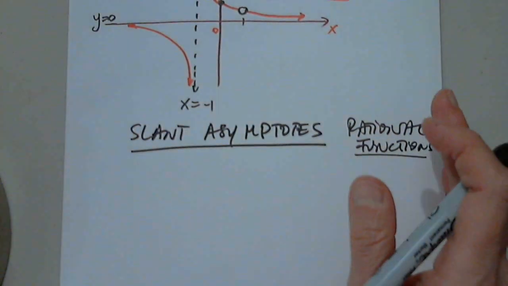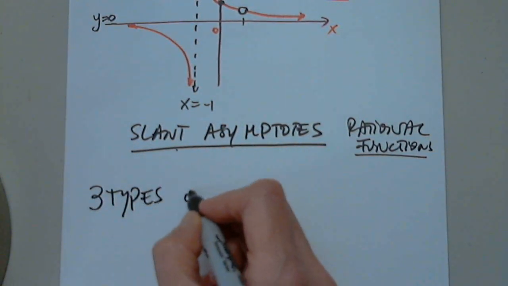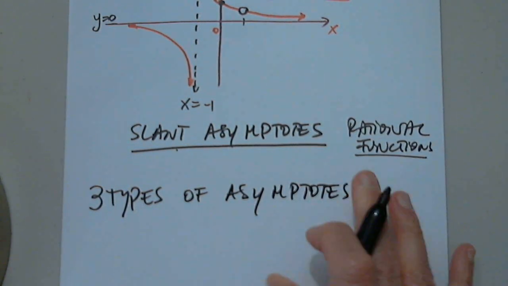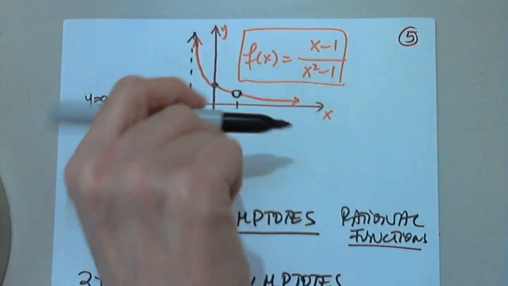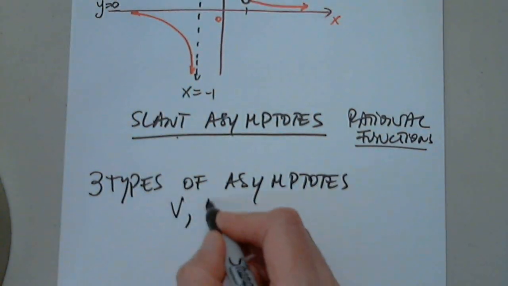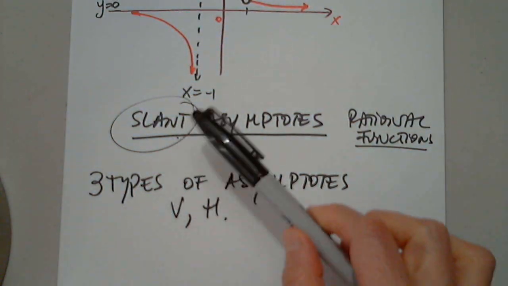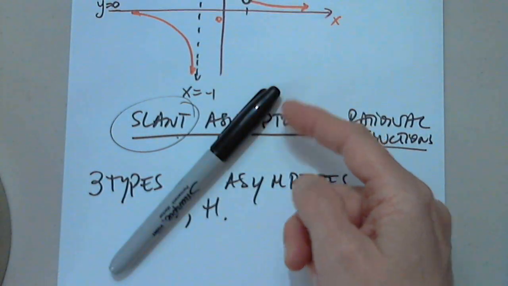As we know, there are three types of asymptotes. We already encountered two of them here, vertical and horizontal. But there is one called slant. Slant means oblique, something like this, or something like this.